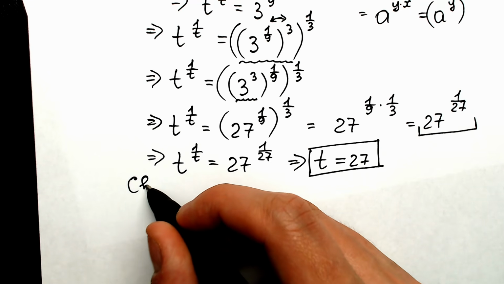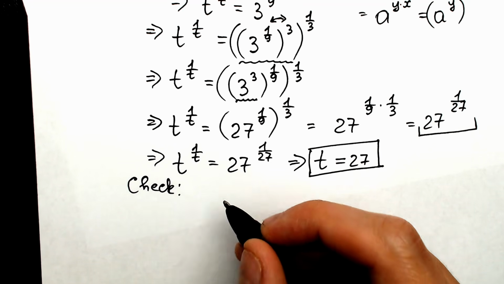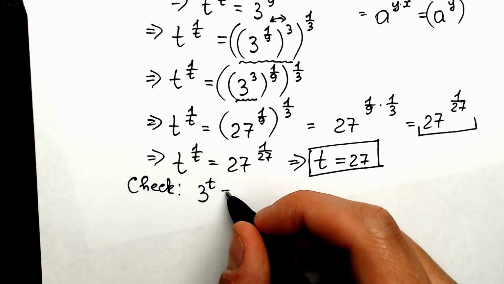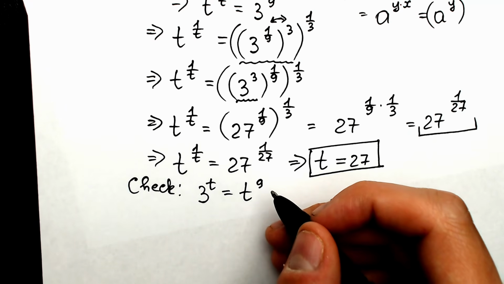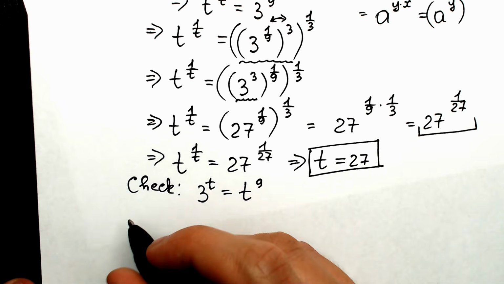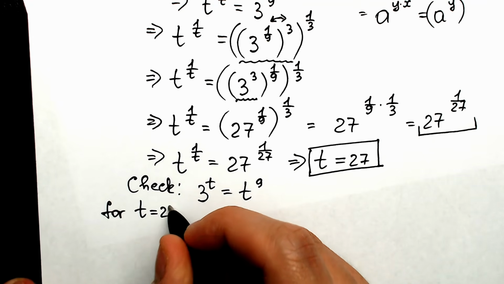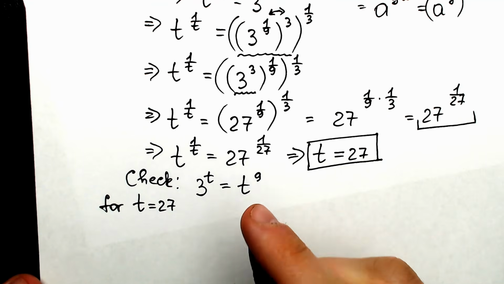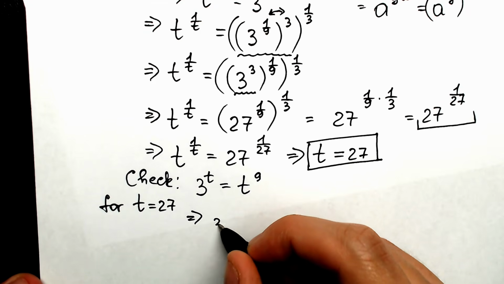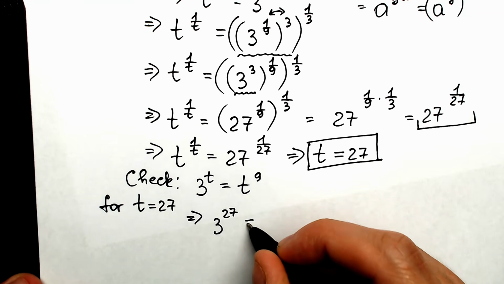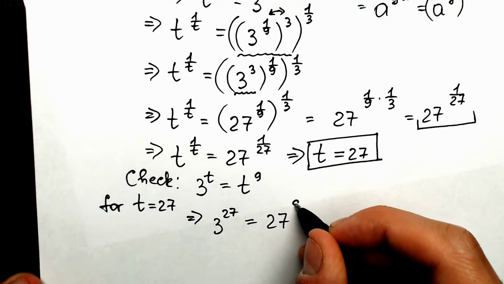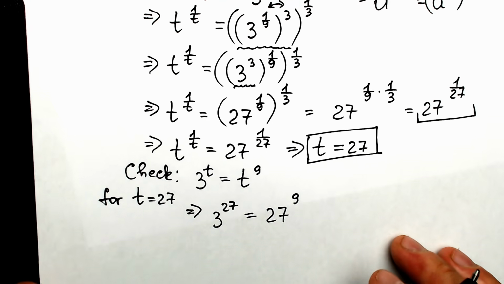Let's check real quick our t equal to 27. So 3 to the power t equal to t to the power 9. So let's check for t equal to 27. So what do we have? 3 to the power 27 equal to 27 to the power 9.